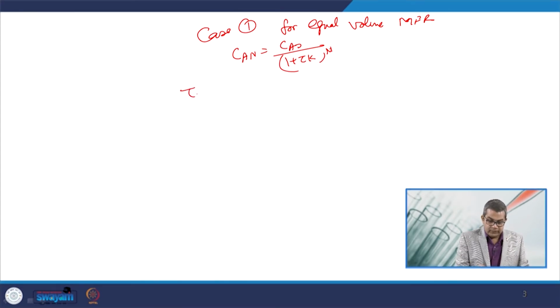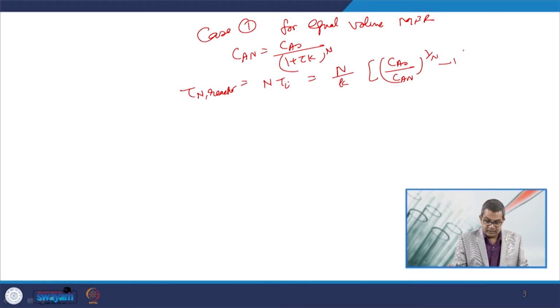Now tau for the n-reactor can be represented as tau_i = n upon k times [(C_A0 upon C_An) to the power 1 upon n minus 1].